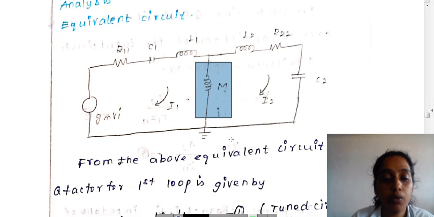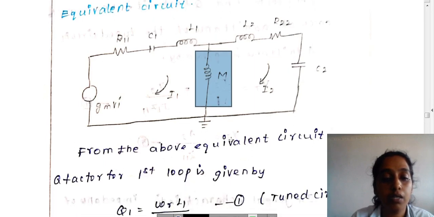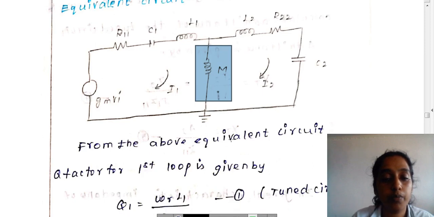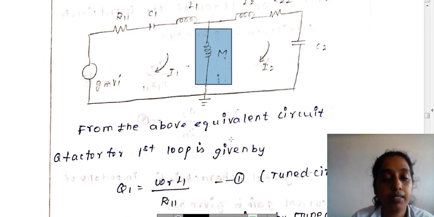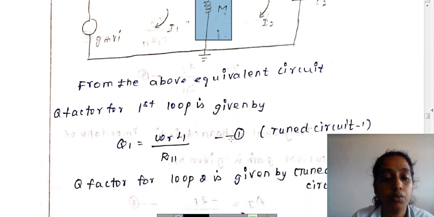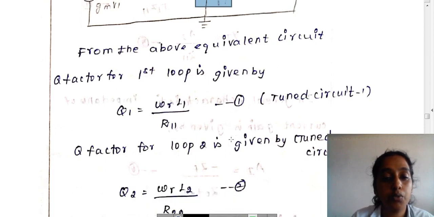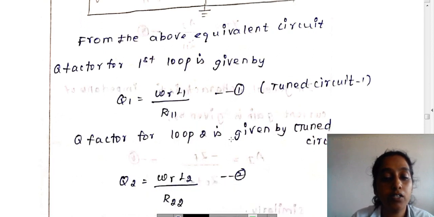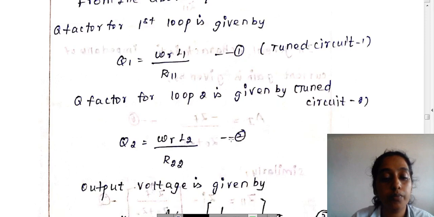From the above equivalent circuit, we are going to calculate the Q factor for the first loop. We know that Q1 is omega r L1 by R11 for tuned circuit 1. Likewise, for tuned circuit 2, Q2 is omega r L2 by R22.